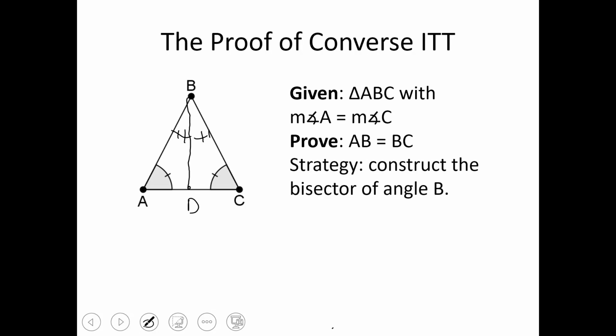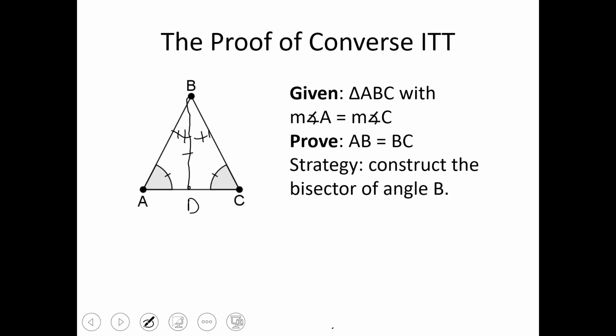I apologize for the poor quality of the diagram. These are now congruent by angle side, right? Because BD, of course, is a shared side. And then once we've said that ABD is congruent to CBD by angle side, of course, it follows that AB is equal to BC by CPCTE. And this is very nice.